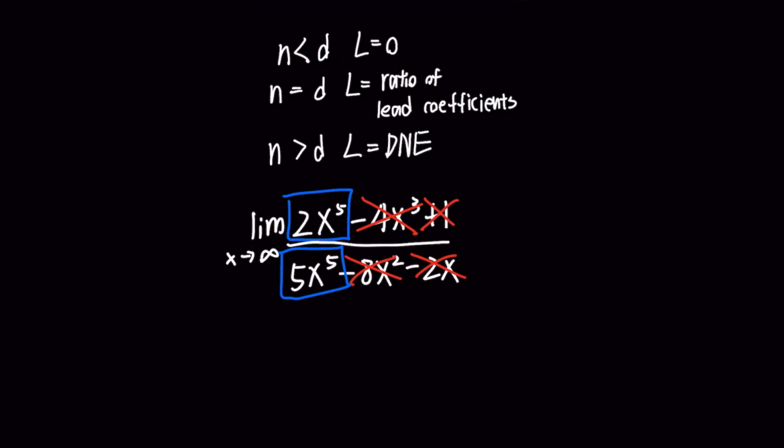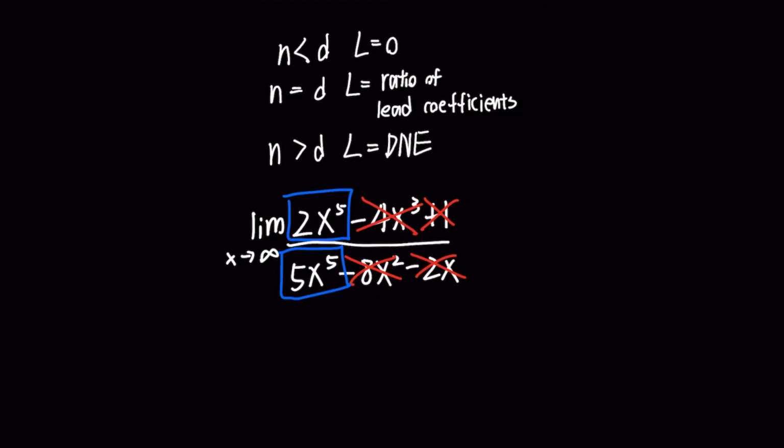We're highlighting these two specifically in blue because these are what we're looking at. Why? Because the degree here and here is smaller than the degree here. So what's really making an impact on the ratio as x is approaching infinity are these ones, because they're growing a lot faster than any of the other variables.